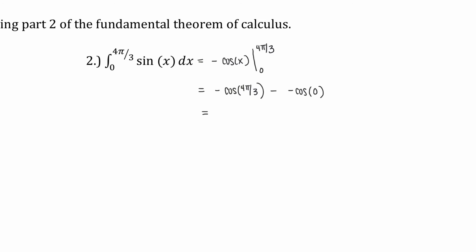So cosine of 4 pi over 3 is equal to negative 1/2. Minus the negative cancels out. I'm just going to put this plus sign. And cosine of 0 is just 1. So I end up with negative 1/2, which is 1/2 plus 1, which is 3/2.